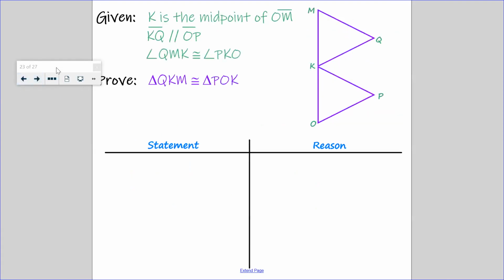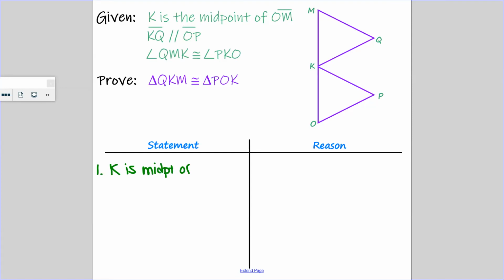All right. K is the midpoint of OM. I don't see a congruent sign in that statement. So your job is to go tell me what's congruent. So if K is the midpoint of O to M, what 2 things are congruent?